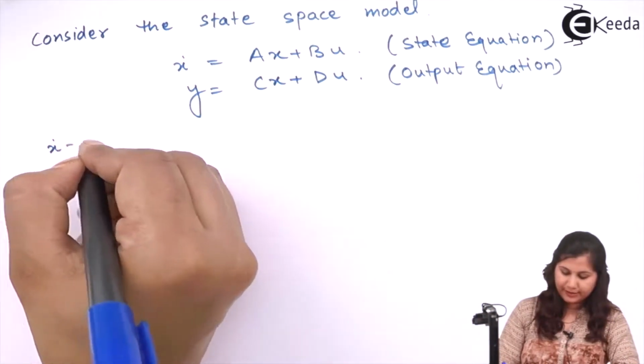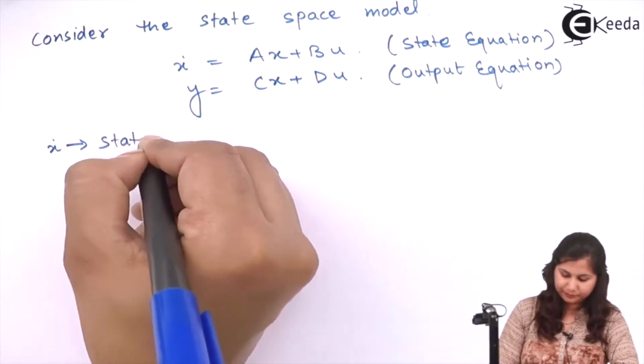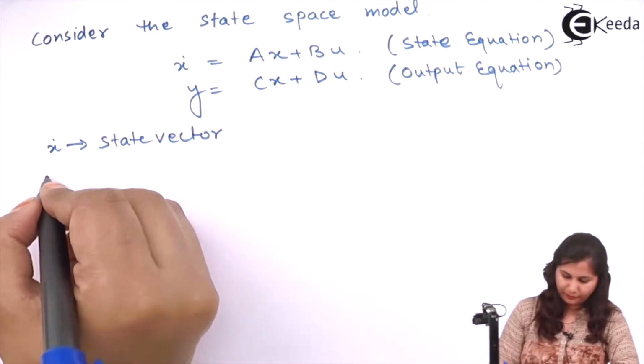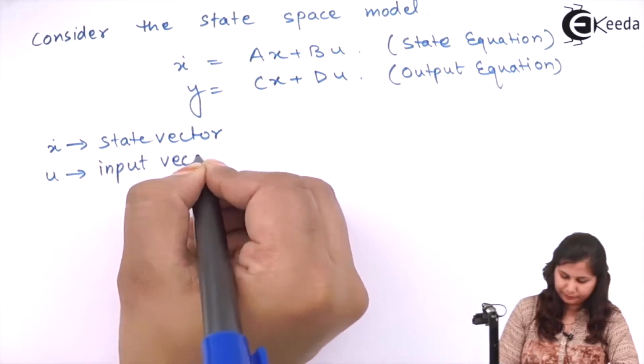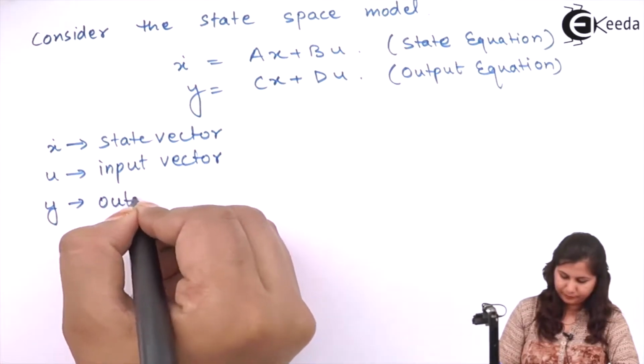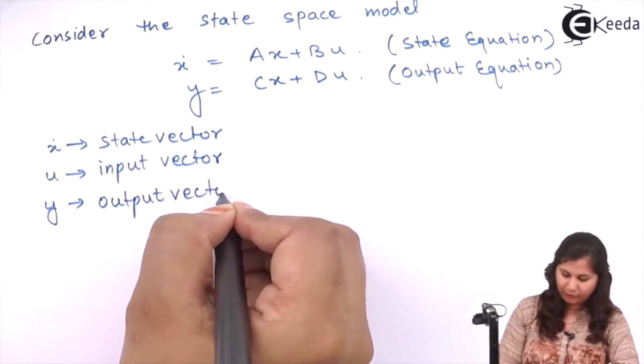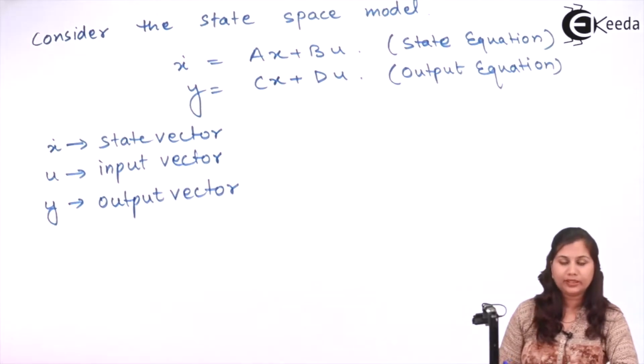X is the state vector, u is the input vector, and Y is the output vector. These are the three vectors.